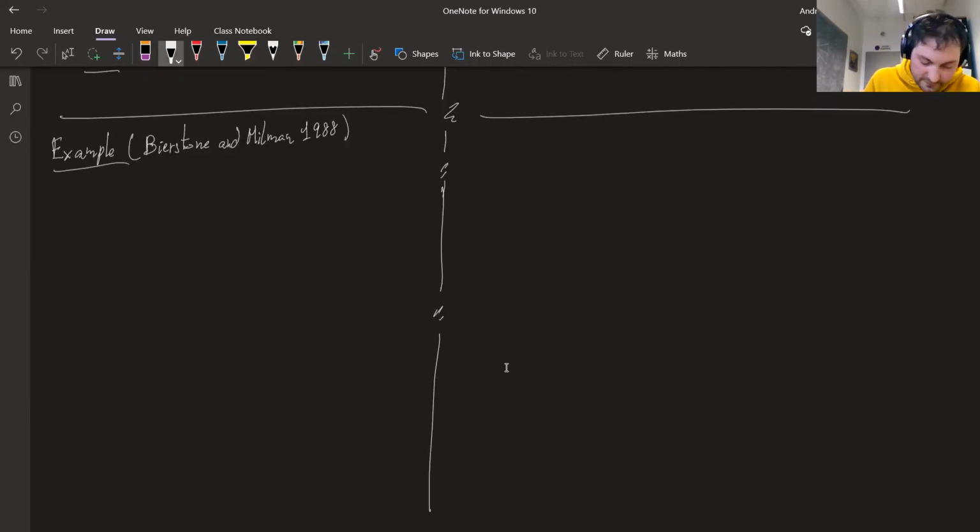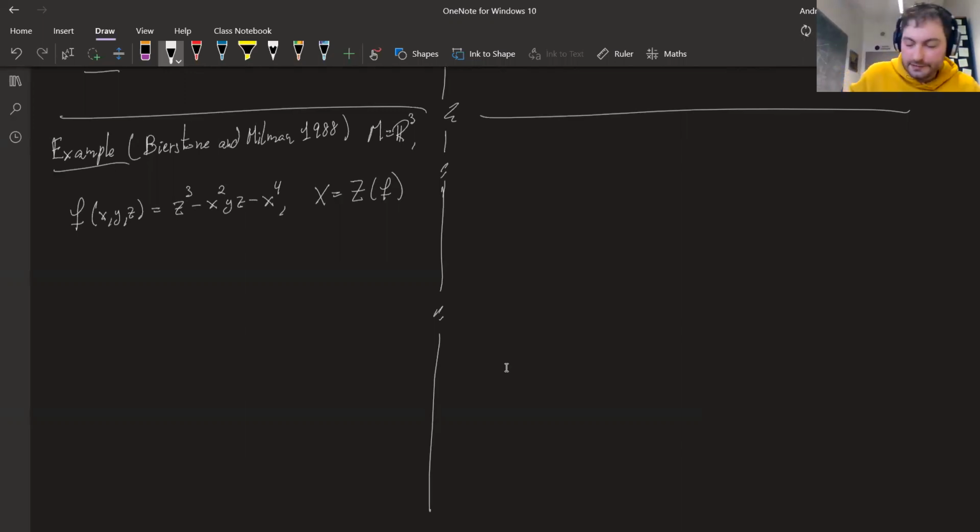And we're going to consider here the function f. So M here is going to be R3, and the function f of x, y, z is going to be given by z to the third minus x squared yz minus x4, and X is going to be the set of zeros of f. The idea is to study this set via the blowing up.